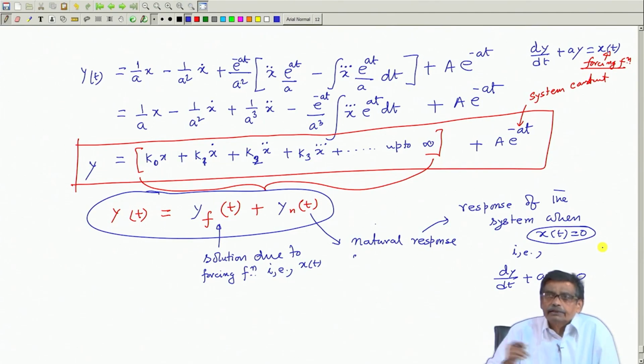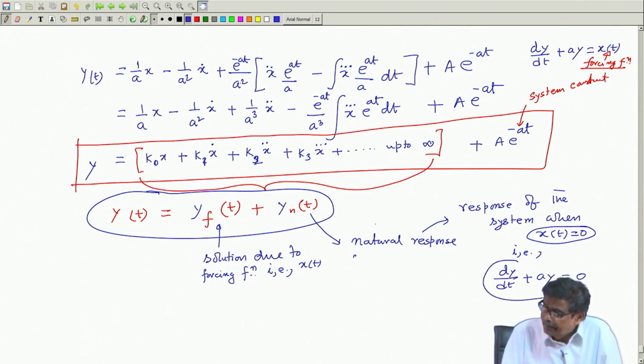Or in a physical mechanical system, say a mass spring system, if mass is present, even without any excitation, there may be movement because of initial kinetic energy of the mass, although external force applied is 0. So, mind you, this is the thing.